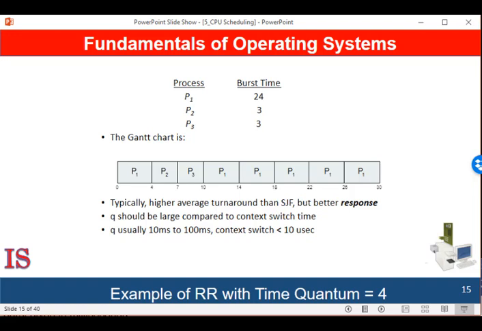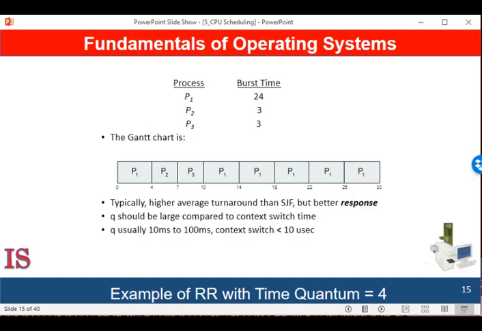Process 2 does not need 4 milliseconds, so it quits before its time quantum expires. The CPU is then given to the next process, process 3. Once each process has had one time quantum, the CPU is returned to process 1 with another time quantum. Therefore, the average waiting time is 17 divided by 3, or 5.66 milliseconds.